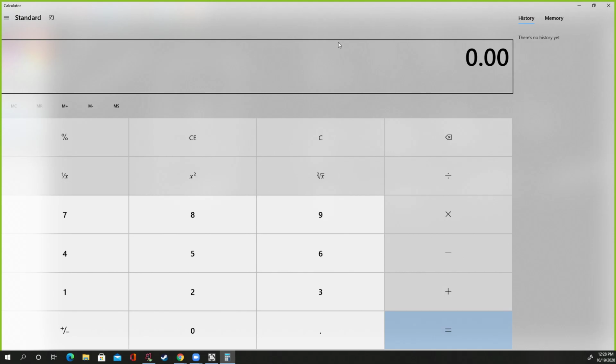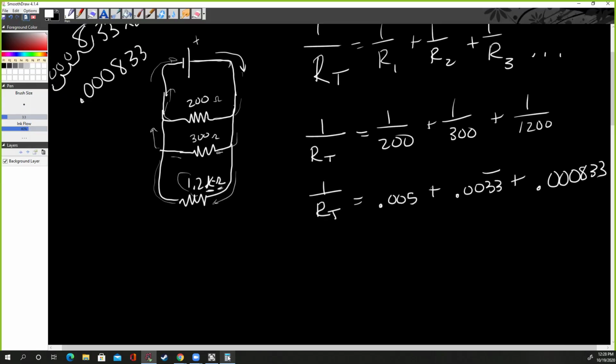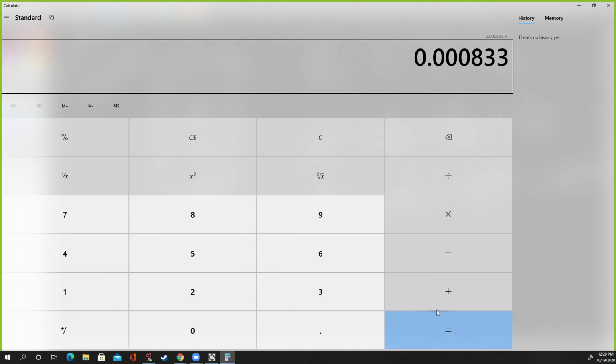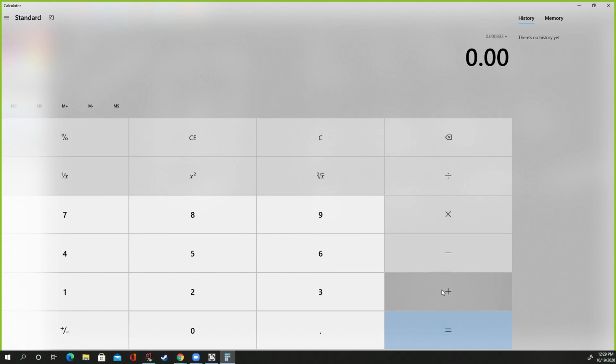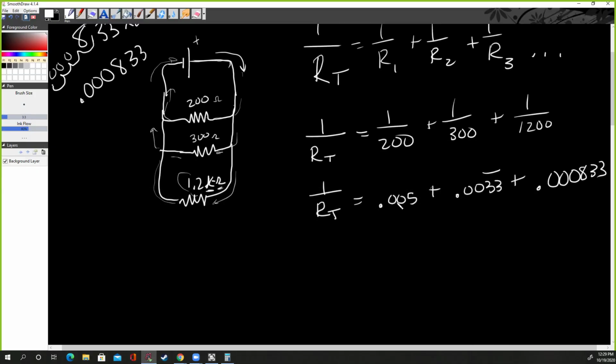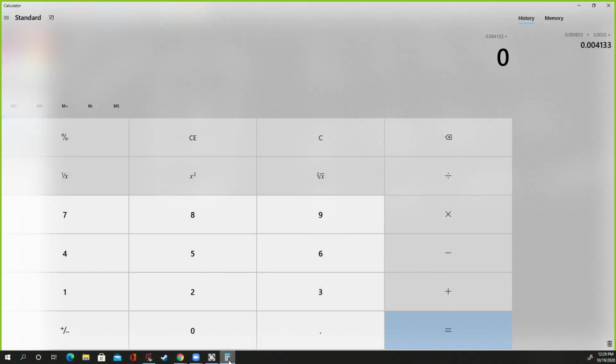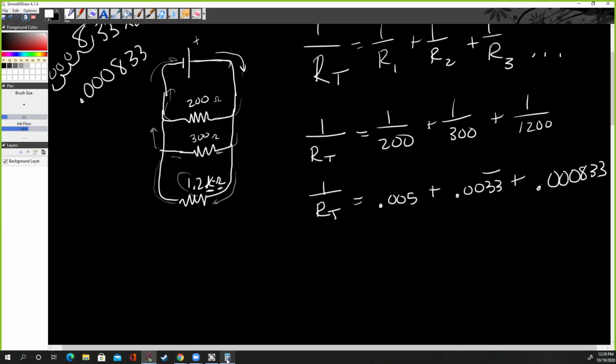It was 3 zeros. 0.000833 plus 0.00333, 2 zeros, 2 threes. There we go. Plus, and let's do the last one, 0.005. Enter. And our answer is 0.009133.